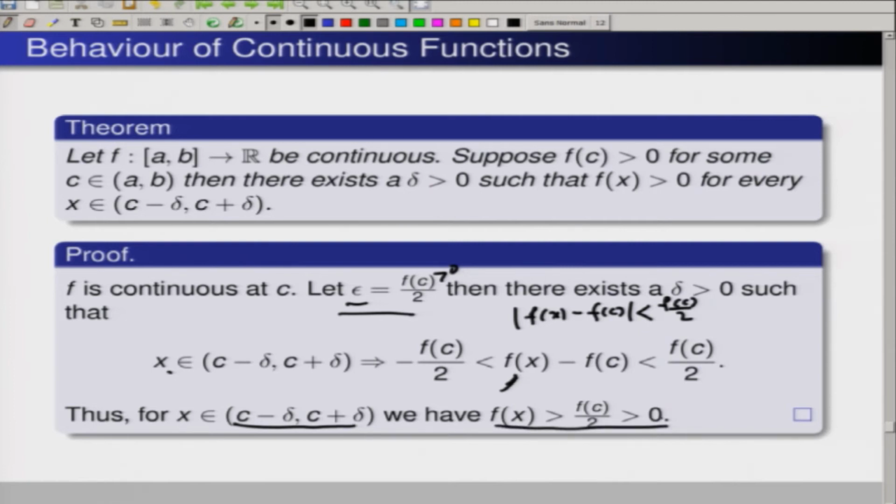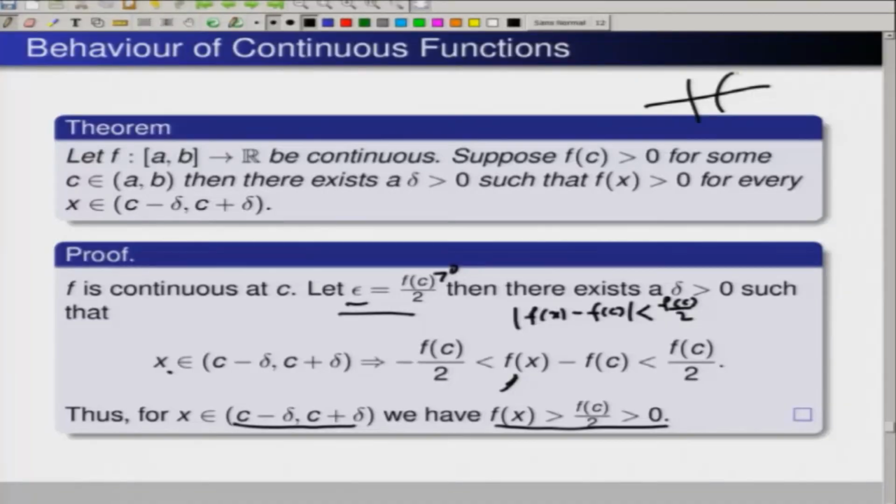So, if f(c) is greater than 0 and f is a continuous function, then there will be a neighborhood around c in which f has to take positive values. Similarly, if f(c) is strictly less than 0, it cannot suddenly take negative values; it will definitely take negative values in the neighborhood of that point c.